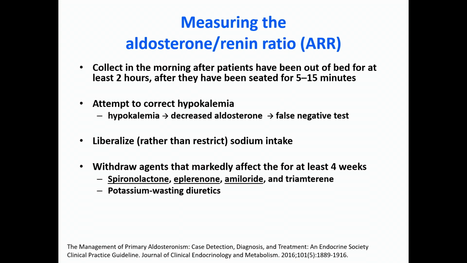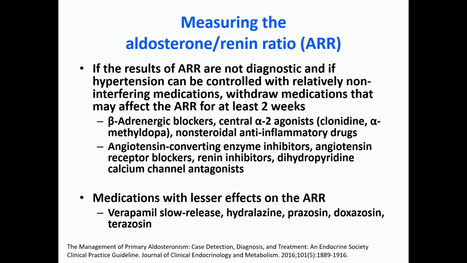You would want to consider withdrawing agents that could have a significant effect on the ratio for at least 4 weeks. The ones really are spironolactone, eplerenone, amiloride, and triamterene, and possibly the potassium-wasting diuretics. And then the next step after you've measured, if the ratio is not diagnostic, and you could use some medicines that have less interference, you may want to consider withdrawing those medications as well.